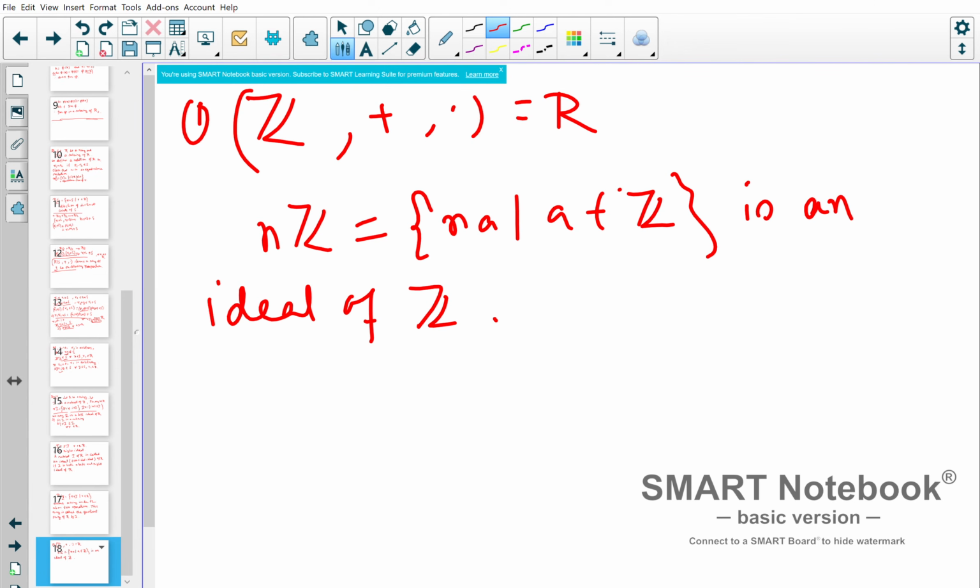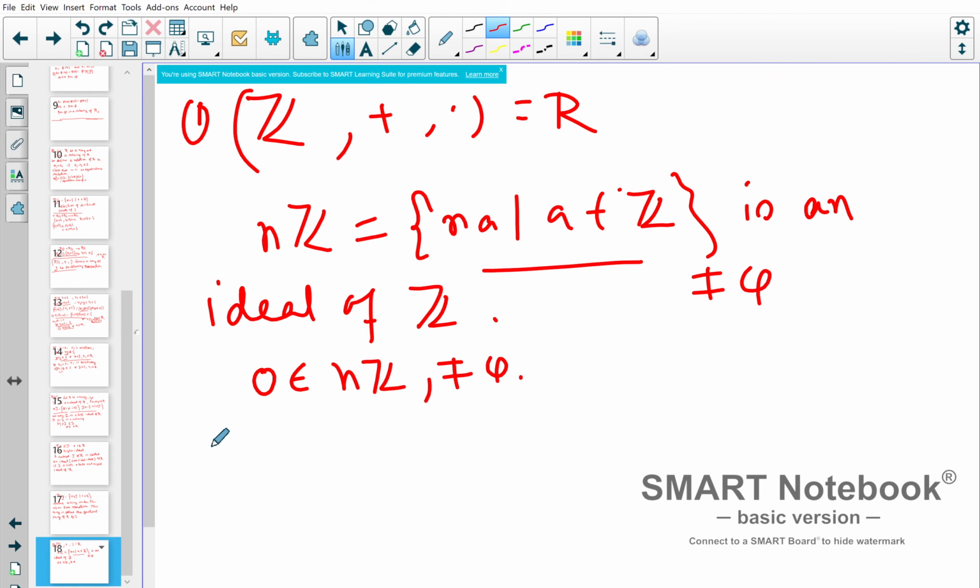First of all, you have to check this is a subring, and this is obvious. Obviously 0 is an element of nZ, so this set is a non-empty set.